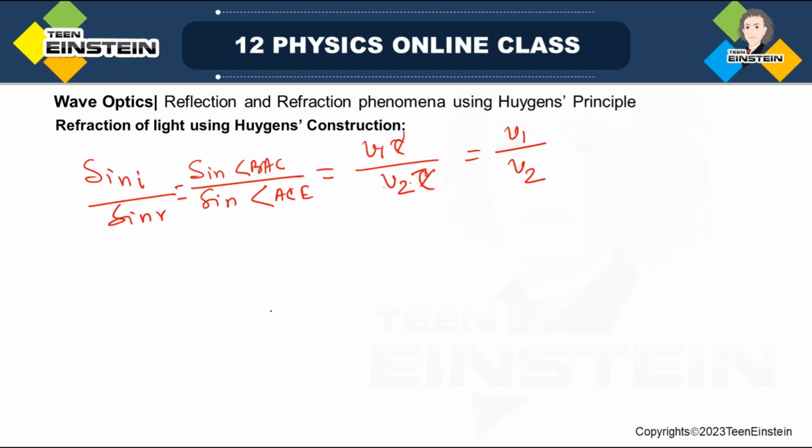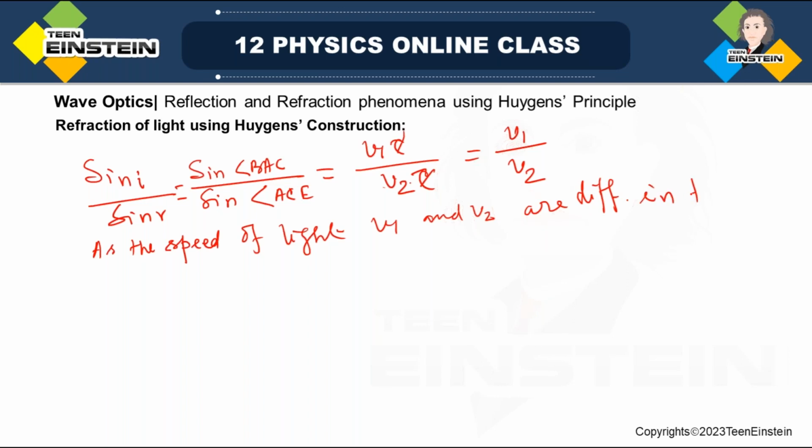Now see, as the speed of light v1 and v2 are different in the two media.